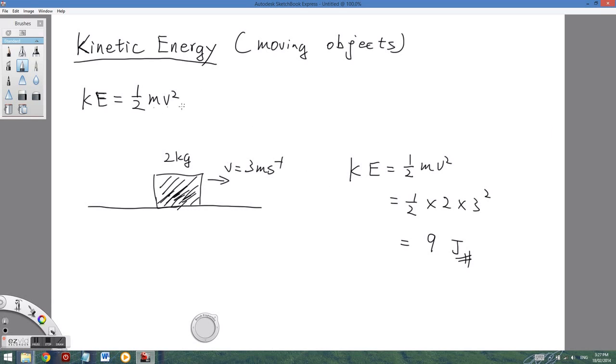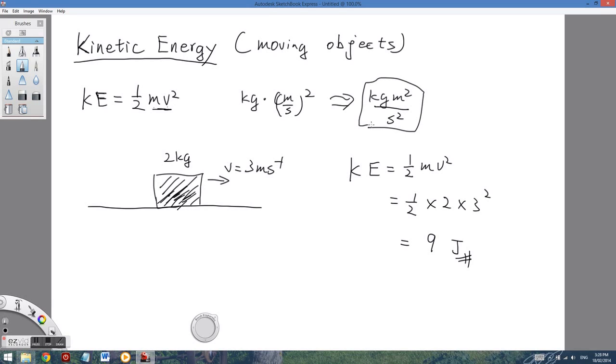Also, if you look at the equation, the unit could be kilogram times meters per second, squared. It ends up as kilogram meter squared per second squared. Now, they are the same thing. So one joule is the same as this. Don't bother trying to figure out what they mean.